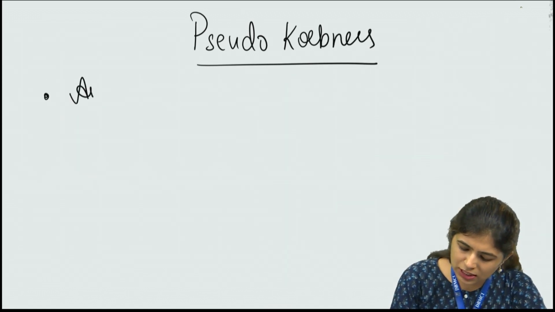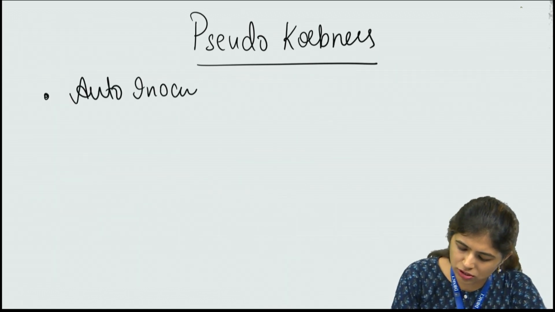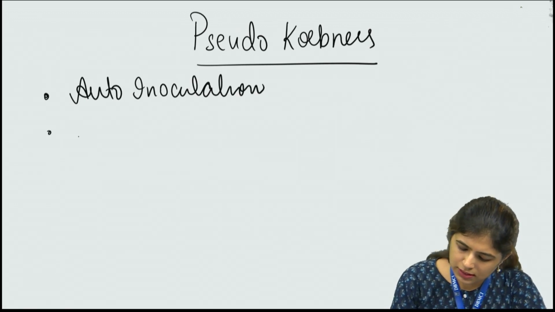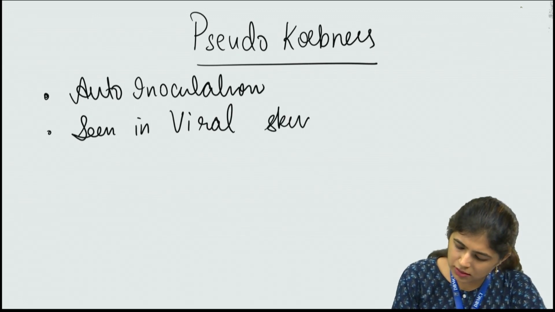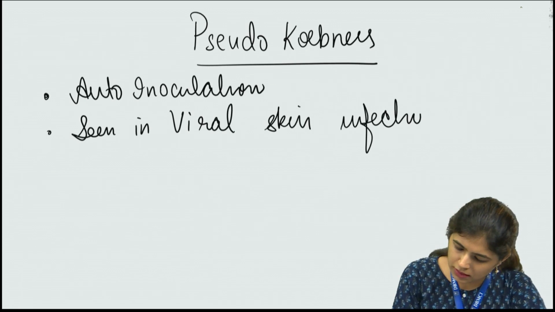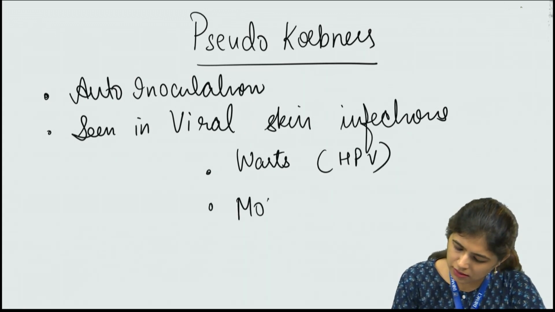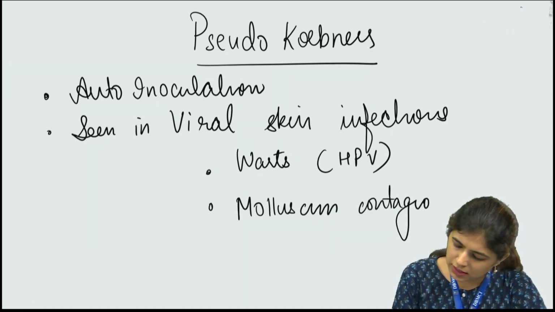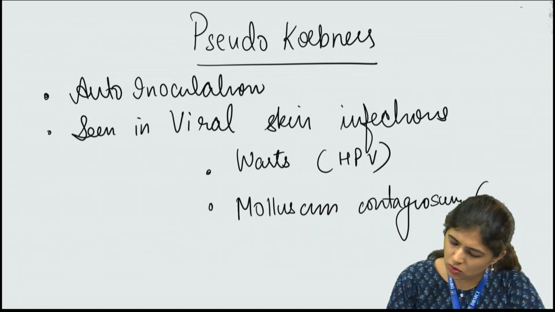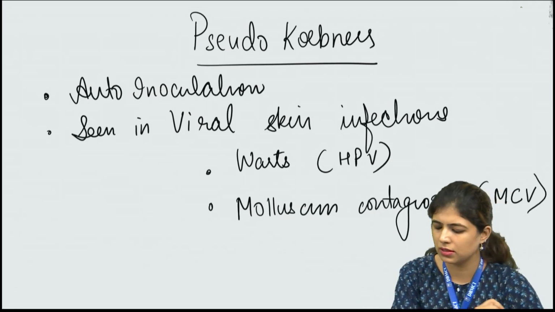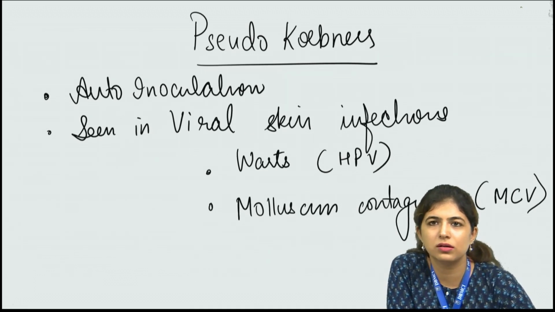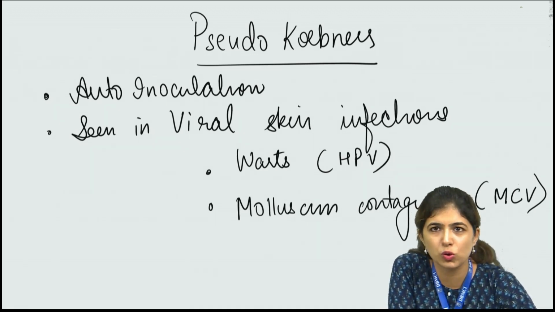Pseudo-Koebner's means lesions which happen due to auto-inoculation, seen in viral skin infections like warts caused by HPV and molluscum contagiosum caused by the molluscum contagiosum virus. Okay, these are two viral diseases in which we see pseudo-Koebner's.